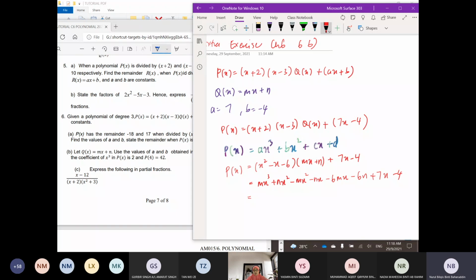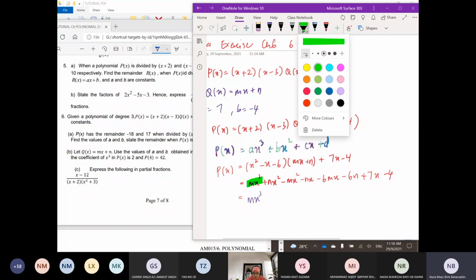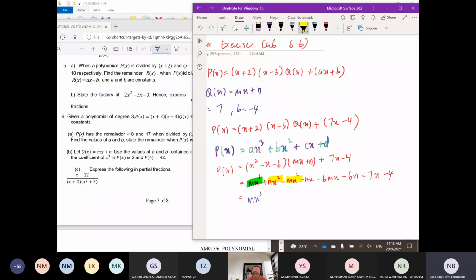Now, let's simplify your equation. For x cubed, we only have one term here, so just write down mx cubed. How about x squared? We have two terms here and here, so plus n minus m x squared. How about your x?